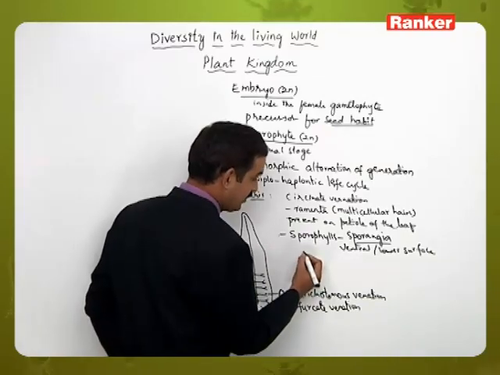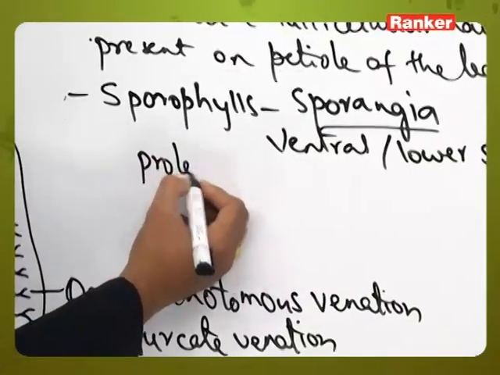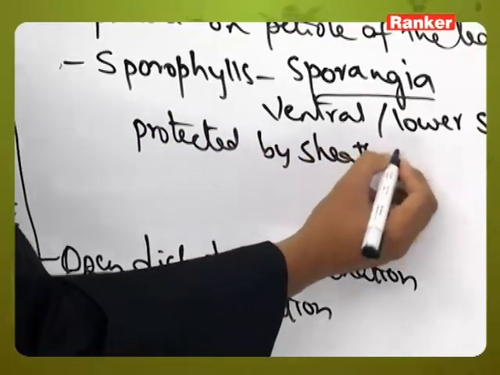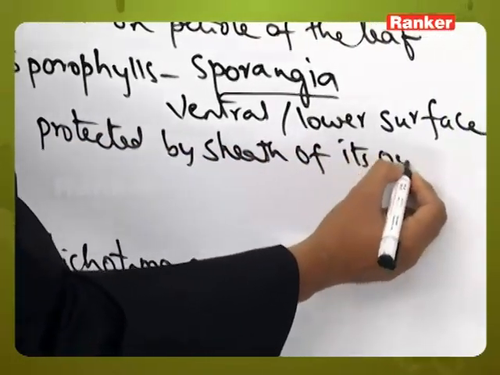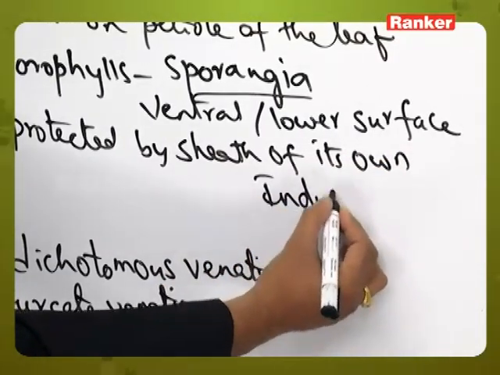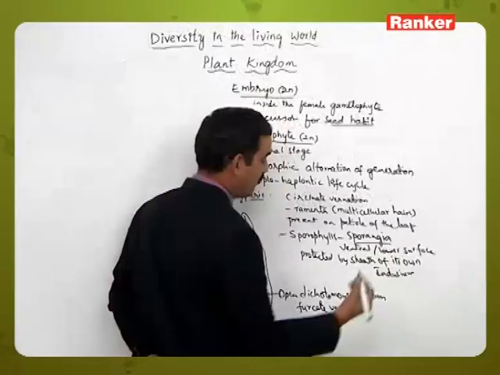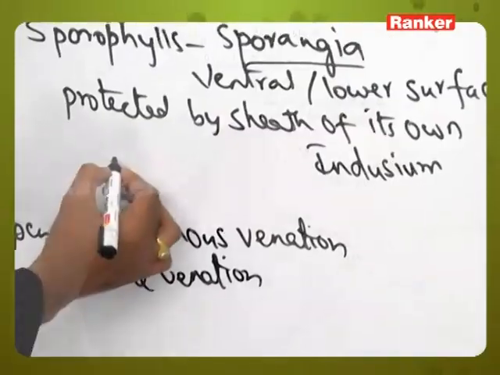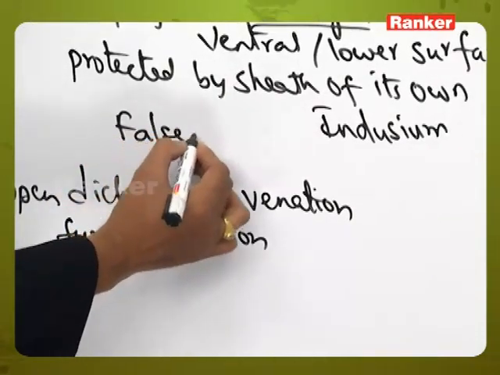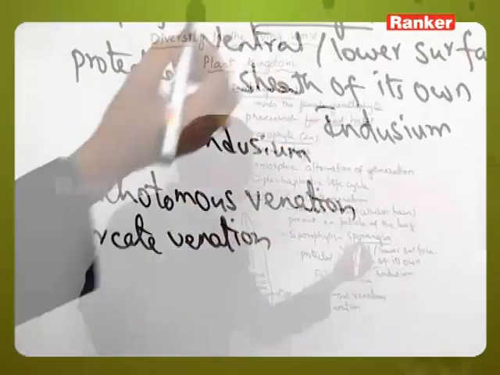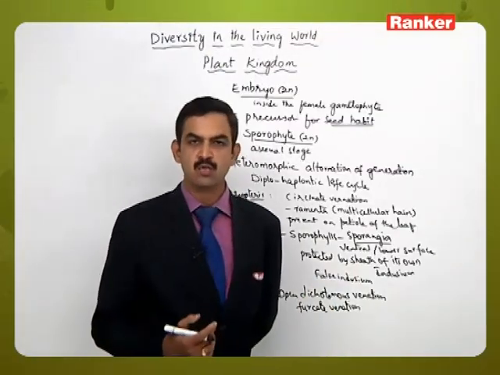So here the sporangia are protected by a sheath of their own. This type of protective sheath is called an indusium. Whereas in some of the plants, a false indusium is also seen. This is a protective structure which appears to be like an indusium, but it is not a true indusium.